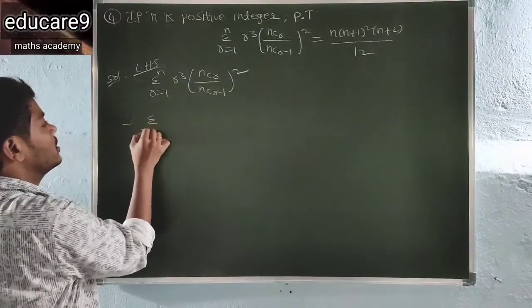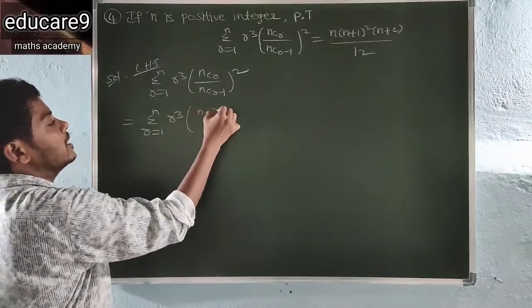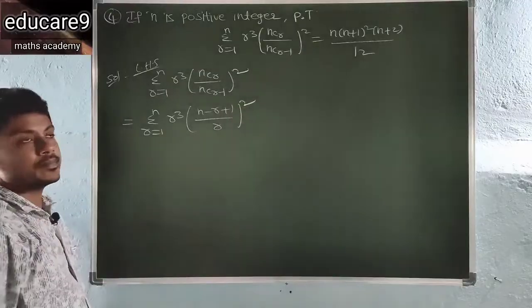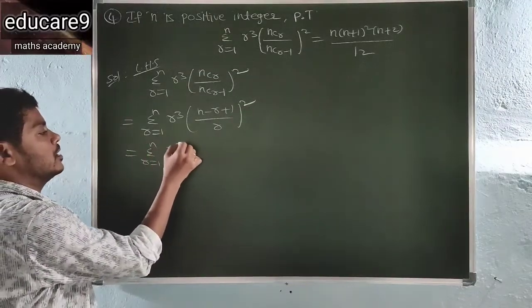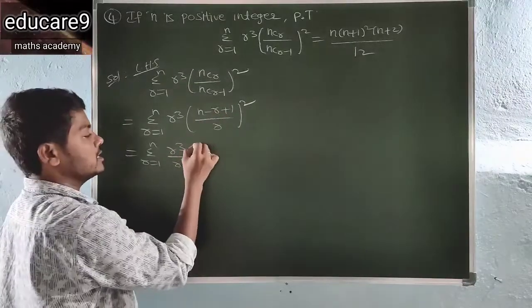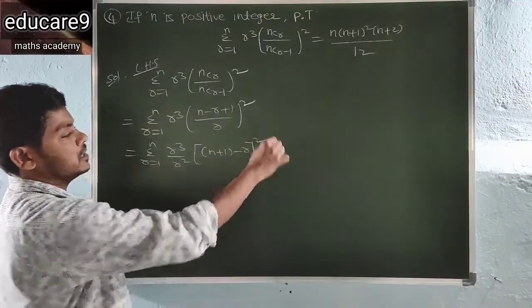So see here, summation r equals 1 to n r cube. This formula is (n minus r plus 1) by r whole square. Now this is summation r equals 1 to n r cube by r square. Now this is (n plus 1 minus r) whole square.